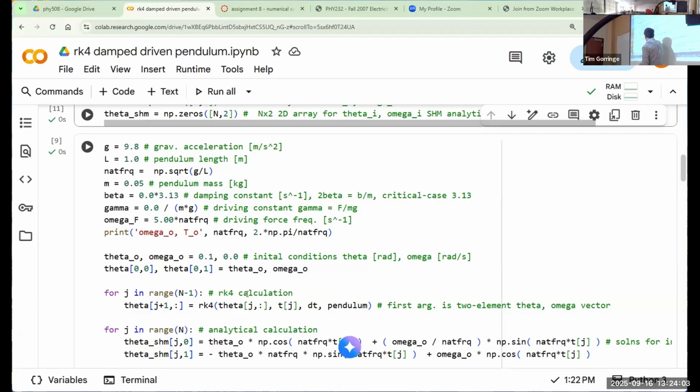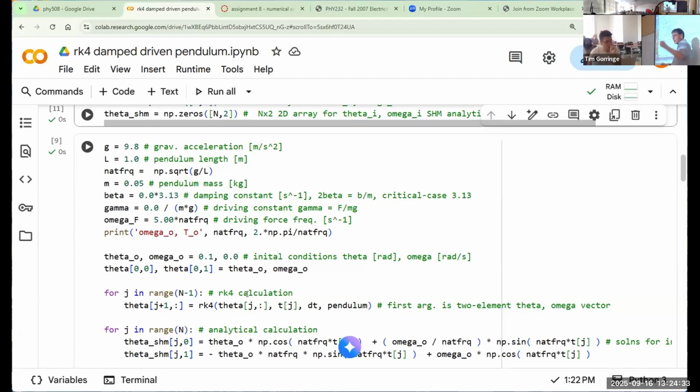I've got to set the initial values for the pendulum swinging. There is no numerical solution, or analytical solution, without setting an initial value for theta and omega. If you don't do that, there's nothing to start the numerical method. So I set the initial value of theta and omega, theta naught, omega naught, 0.1 radians in this example.